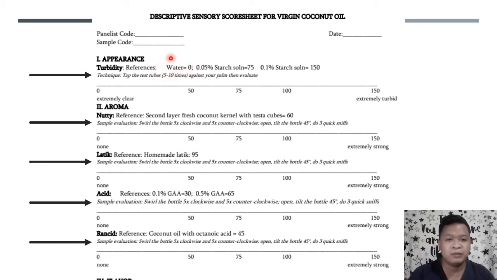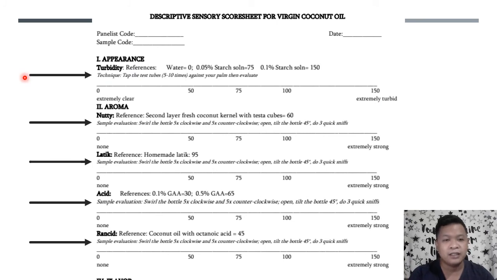If you're tasting water, that's supposed to indicate that it's a 0 on the scale. Then the first starch solution is 75% turbidity, and 0.1% starch solution is 150%, or rather 150 points for turbidity.